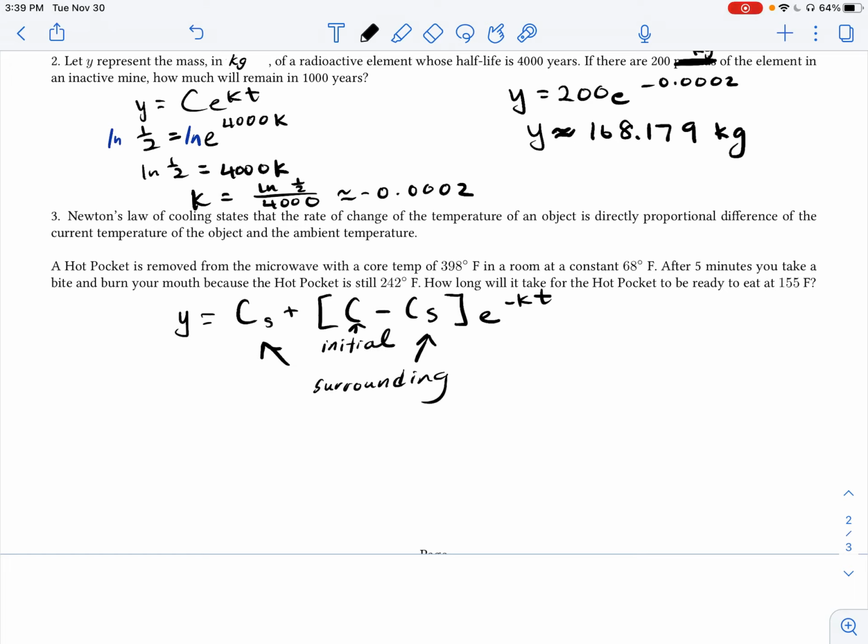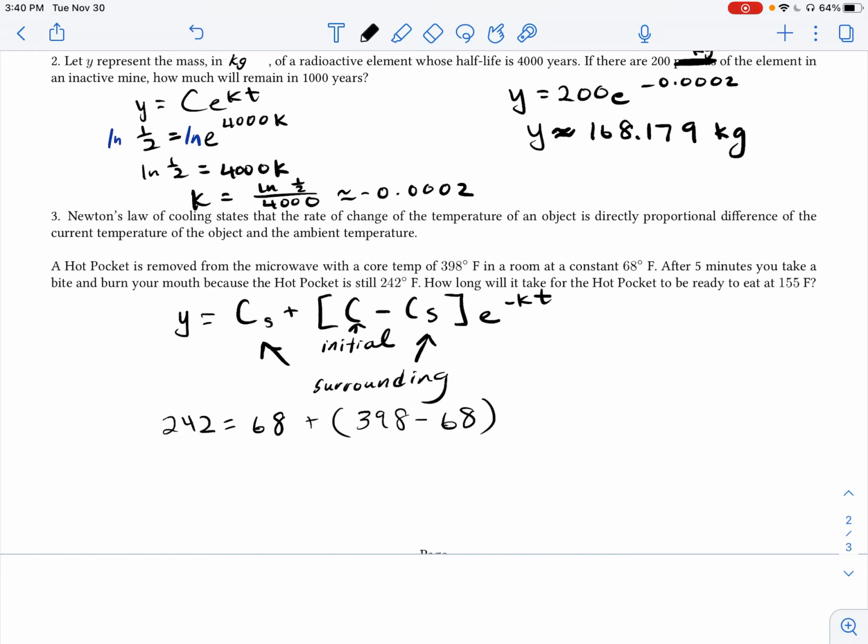Okay, so let's plug in what we know. We know that y is equal to 242 degrees when the surrounding temperature, or the room temperature, is 68 degrees. I won't write the degree symbol here, with its initial temperature being 398.